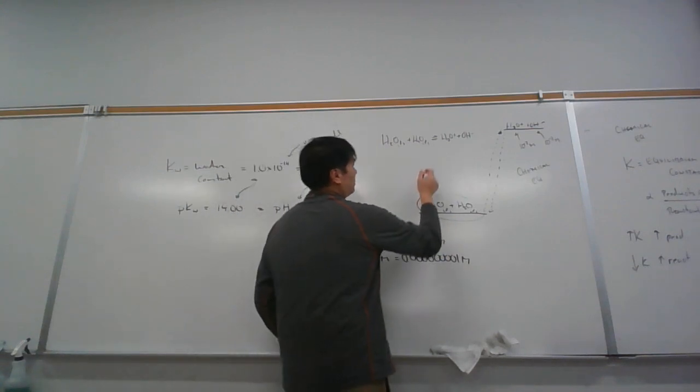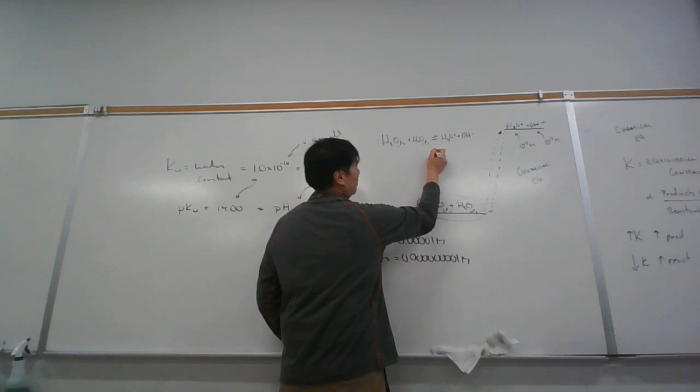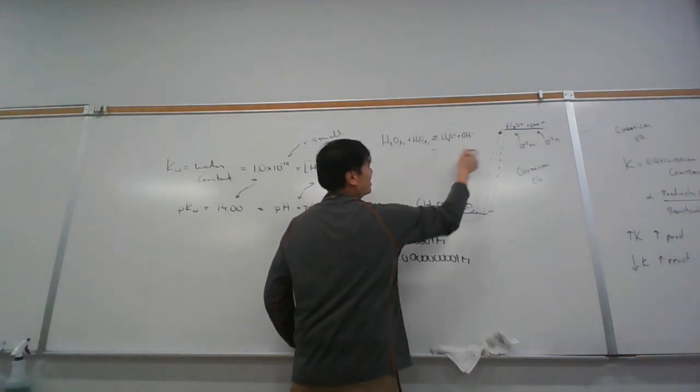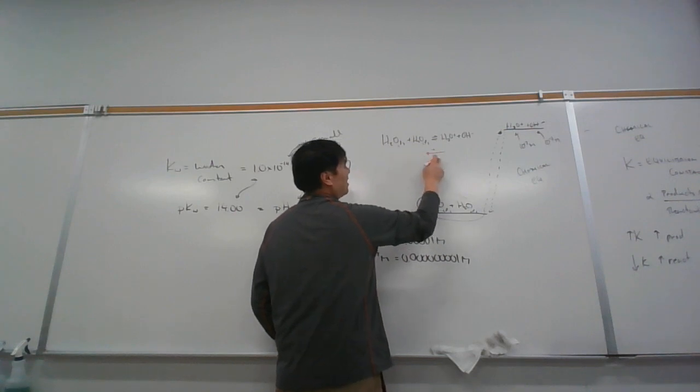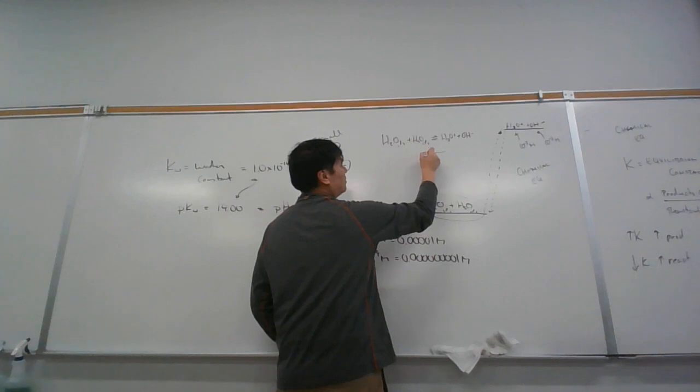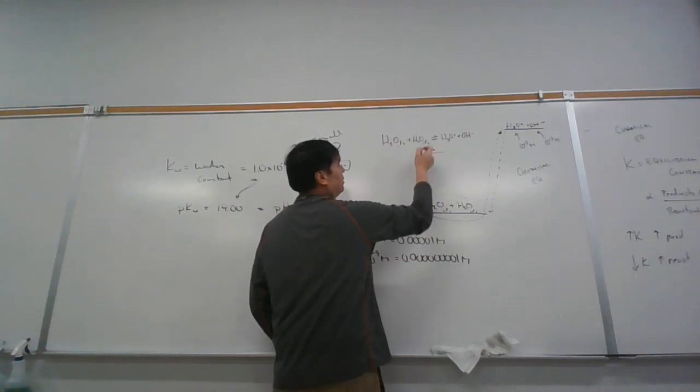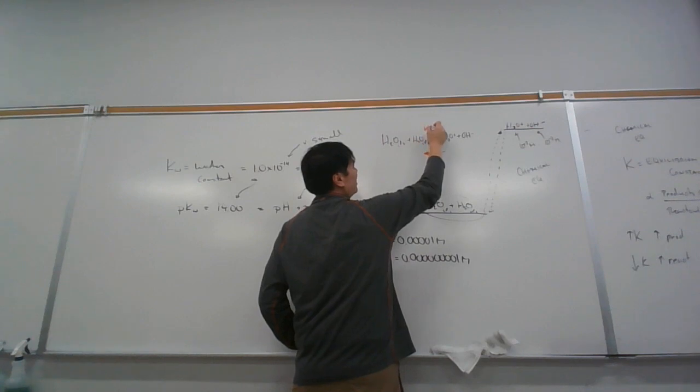So sometimes people will draw a small arrow up, meaning very little makes it up, and then a big arrow down, which means it's biased downwards. This is one way of showing that this equilibrium is favored to the left, we say, to the reactants. The other way of showing this is by the K.